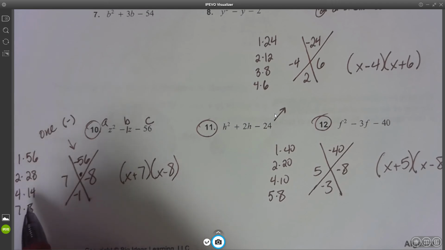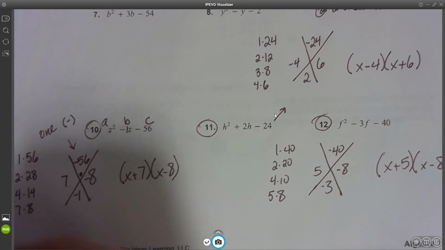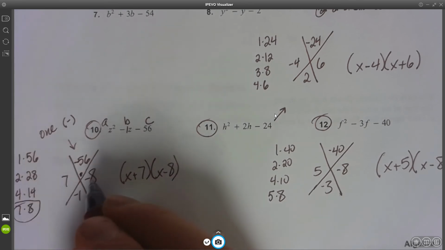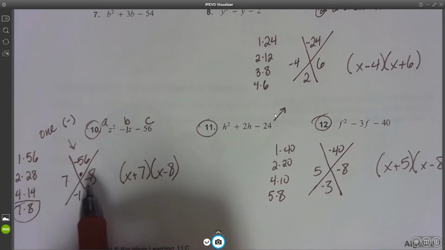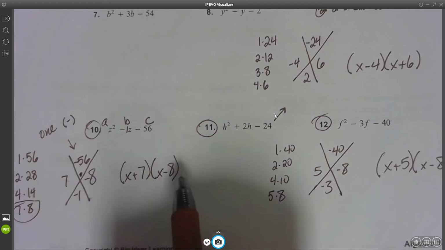Then from there, I'm thinking about if one of these is negative, there's going to have to be subtracting those two numbers. So 7 minus 8 is the only one that could be 1, but since it's negative 1, the 8 has to be negative. So 7 times negative 8 is negative 56. 7 plus negative 8 is negative 1. So there's my two factors.